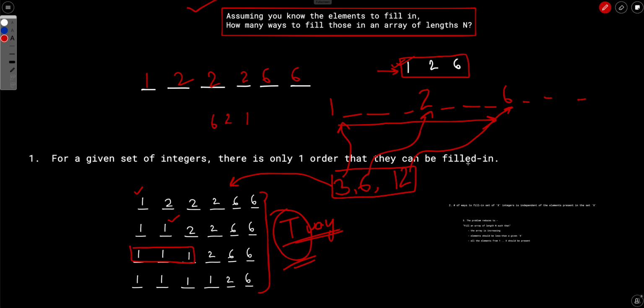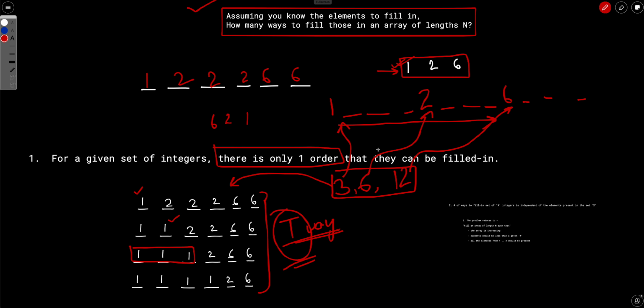So in a way, what you are saying is the number of ways is independent of the actual integers that you are trying to fill in. Why is this true? This is true because the order in which you will be filling in the integers is fixed. There is only one order in which you can fill in the integers.